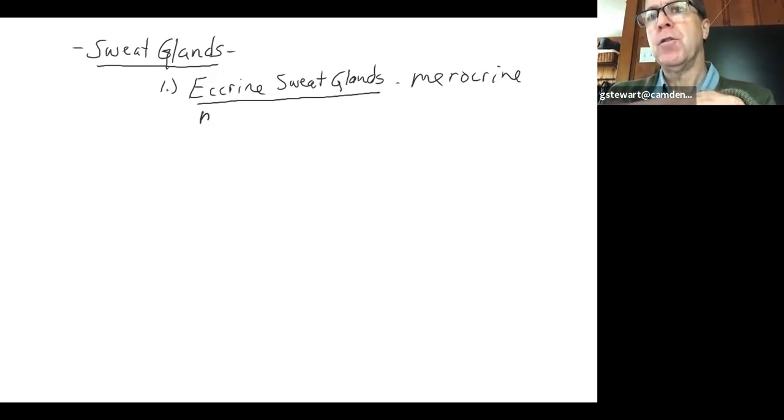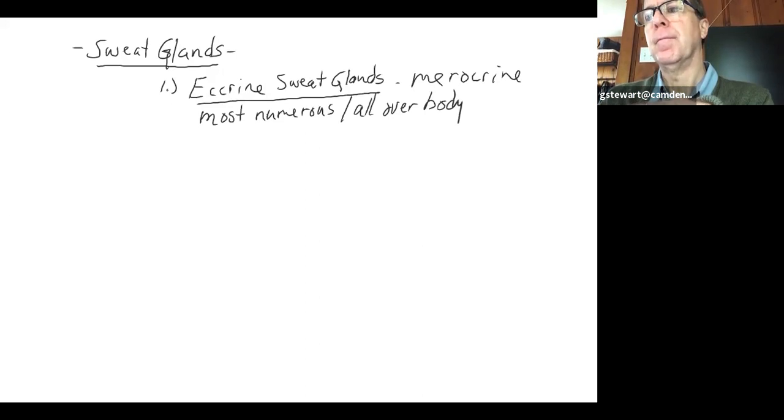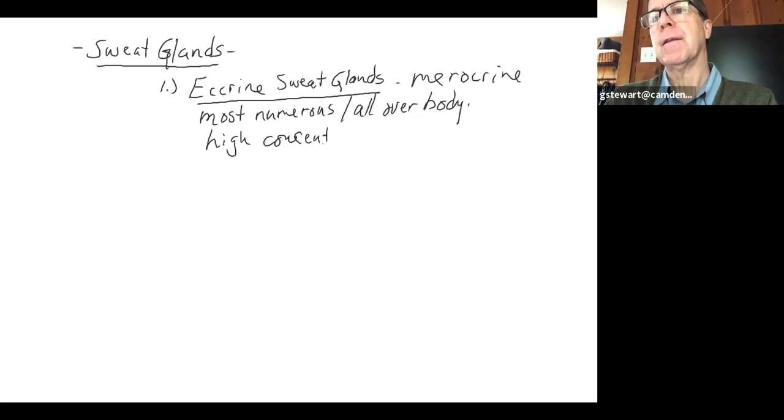They're the most numerous sweat gland. So I just put most numerous. We find them all over the body. There's a high concentration of these on the palms of the hands and the soles of the feet. So I'm just going to write high concentration, arrow, palms and soles.